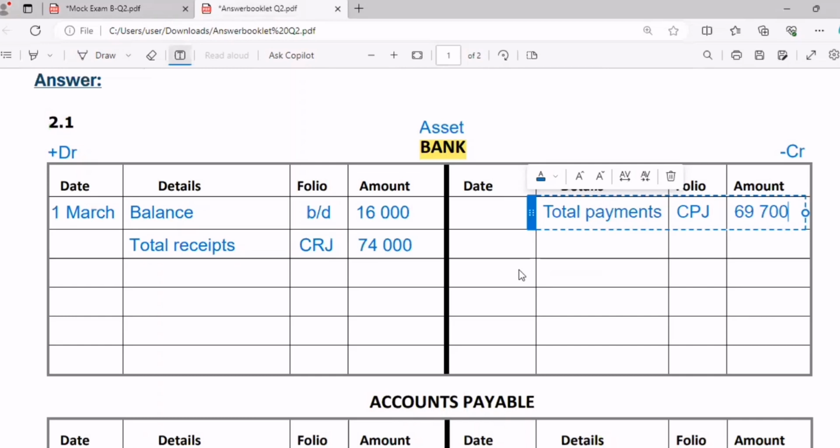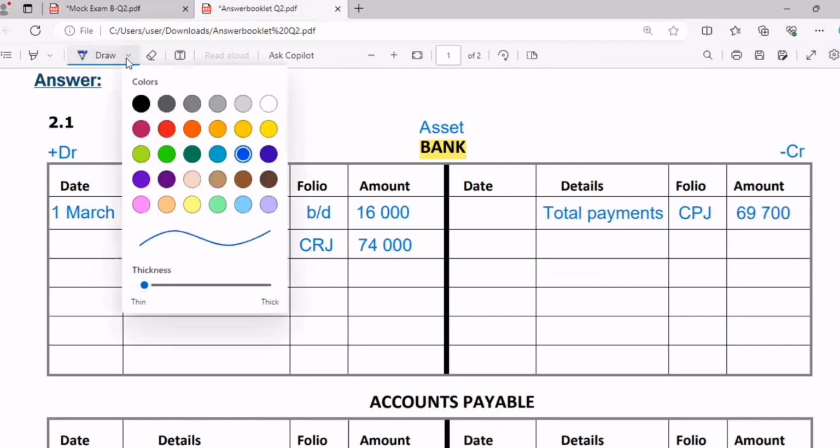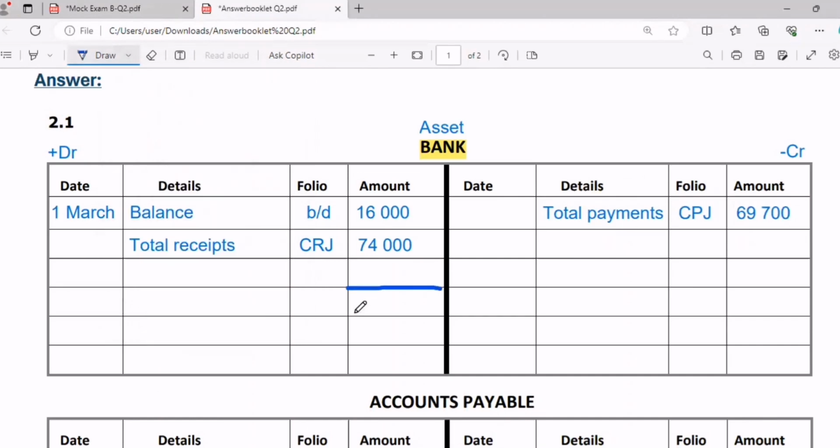So when we balance off the account, we check which side is the biggest. So between debit and credit, which one is the bigger side? So obviously the bigger side is debit. So we're gonna put the total here. So now we are balancing off the account.